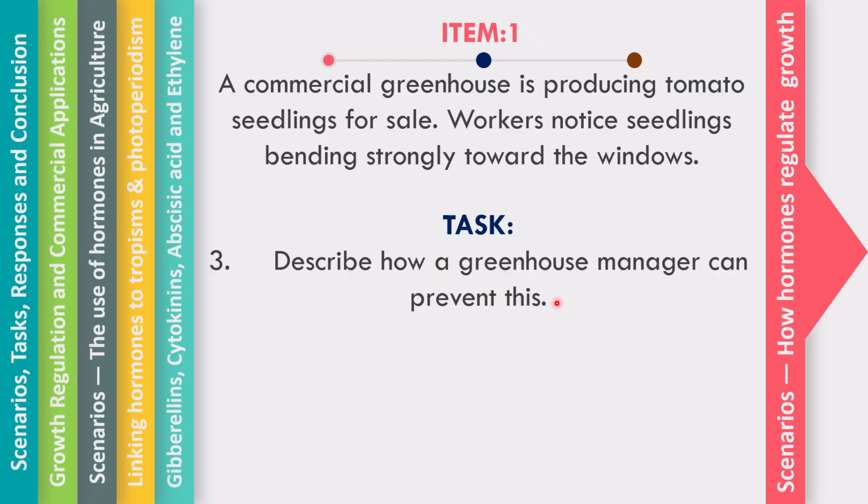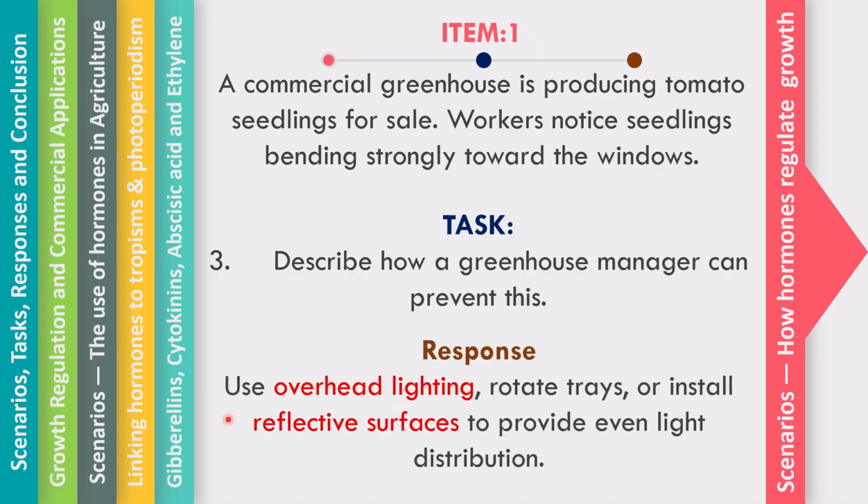Describe how the greenhouse manager can prevent this. Use overhead lighting, rotate trays, or install reflective surfaces to provide even light distribution.